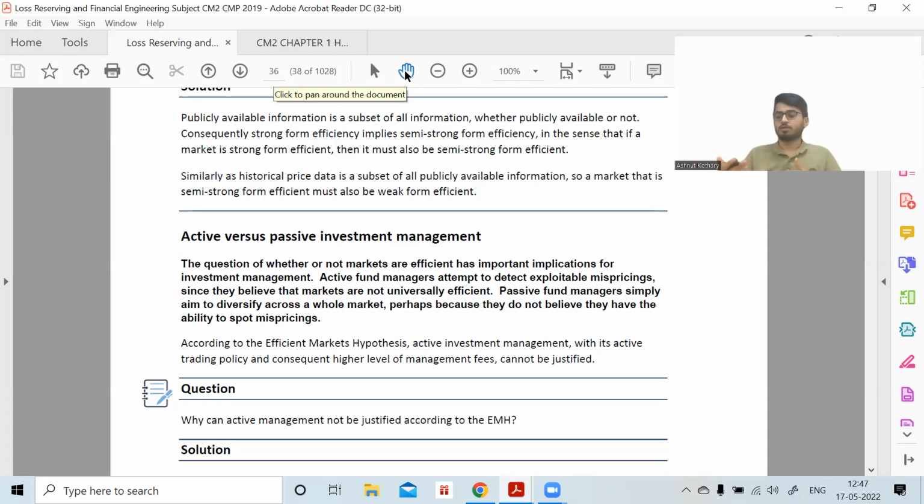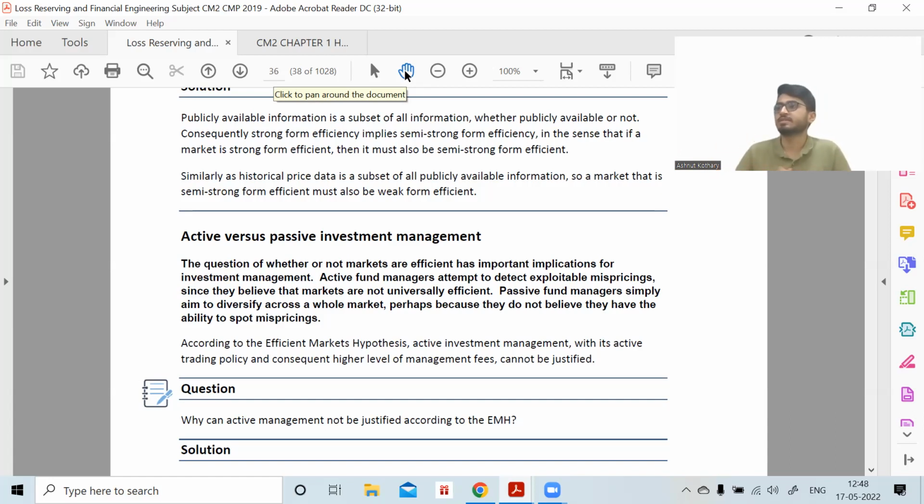Now, if you are into active investment management, obviously the costs involved are higher. Why? There is a higher frequency of buying and selling things, so there are transaction costs and taxes involved in that. Apart from that, you also need to pay a particular person. If a person comes and says that I am using my wisdom or my knowledge to generate higher returns for you, obviously that person would be expecting what?